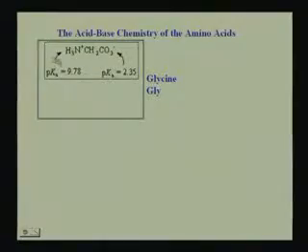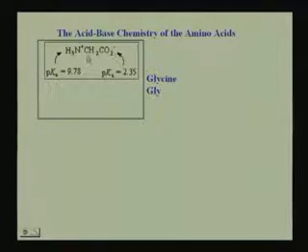Okay, we continue our discussion on the acid-base chemistry of amino acids, which we were discussing in our last class. And we understood that if we have a structure such as this, as in glycine, we have our protonated NH3+ and we have our CO2-.